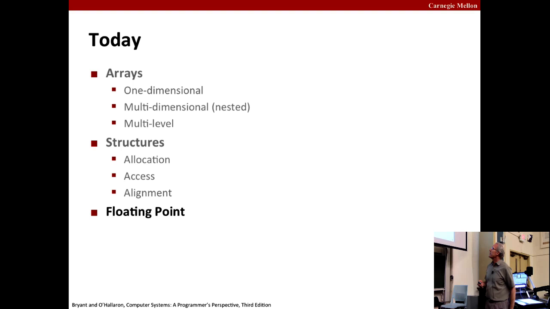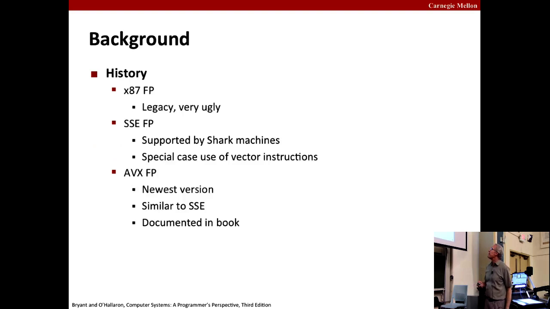So let me just finish up with a little glimpse of floating point. Floating point has a complicated history in x86. Back in the really ancient days, there was a chip that went with the 8086 processor called the 8087.